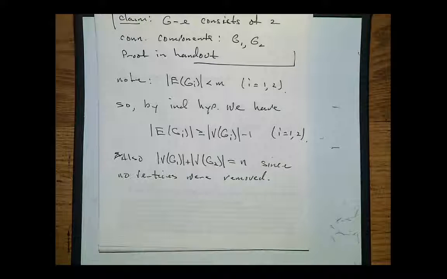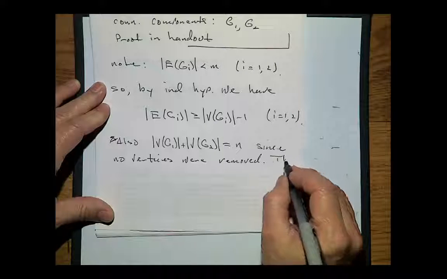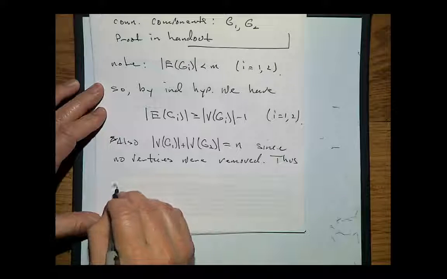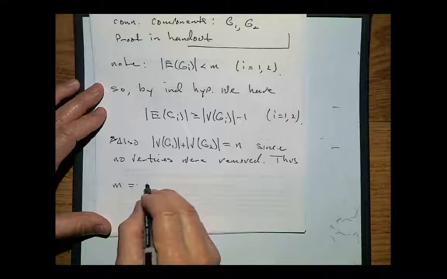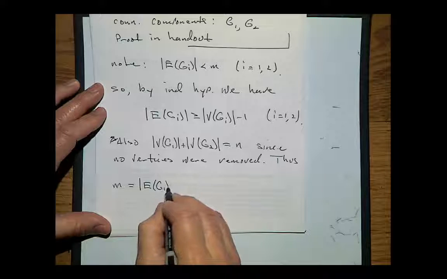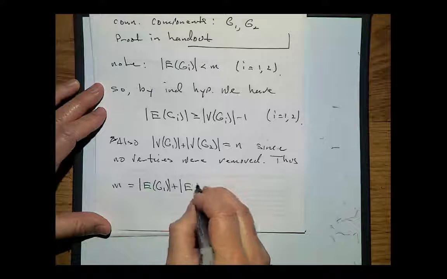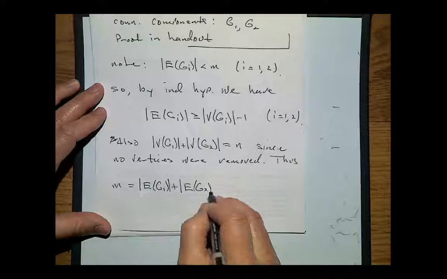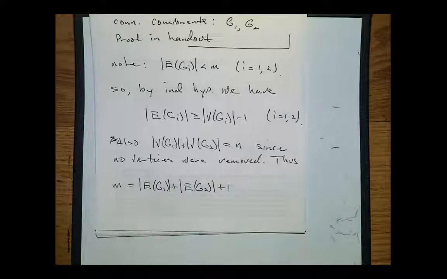You see how this parallels exactly lemma 1? Thus, m is equal to the number of edges in G1 plus the number of edges in G2 plus 1. What's the 1? The one we removed.